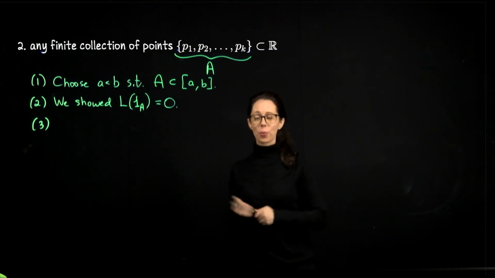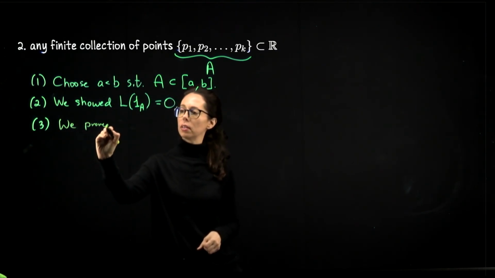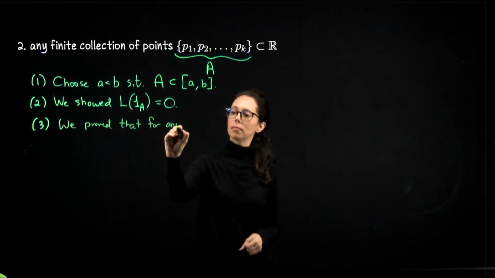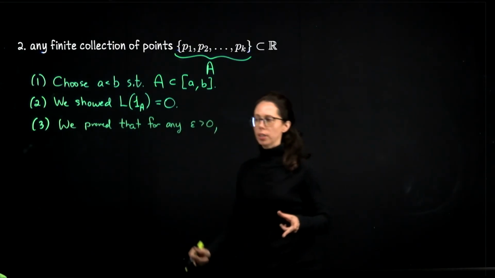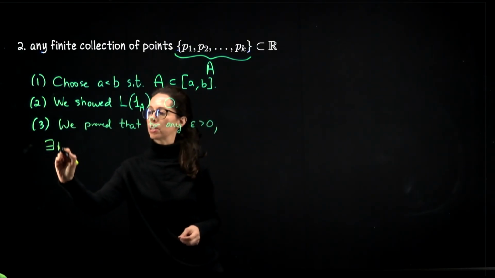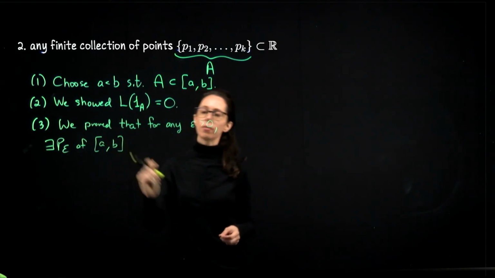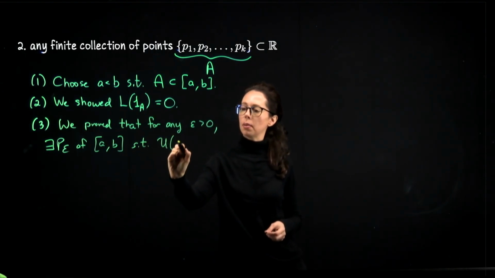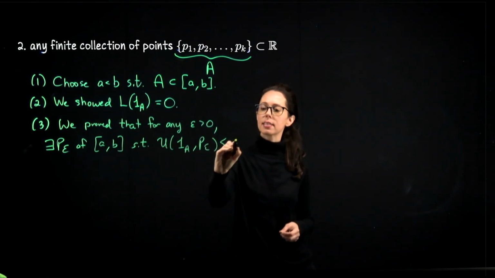What did we just show? We proved that for any epsilon greater than 0, there exists a partition of the closed bounded interval from a to b so that the upper sum of the characteristic function of A with respect to that partition is less than epsilon.